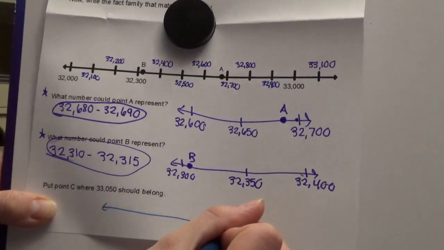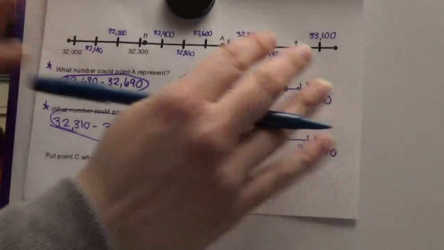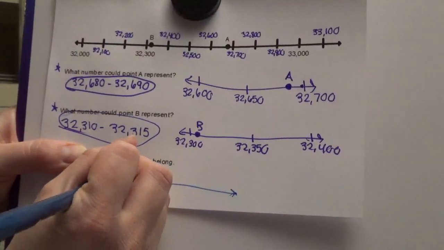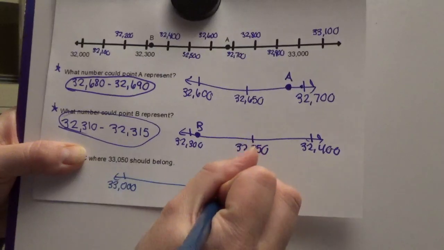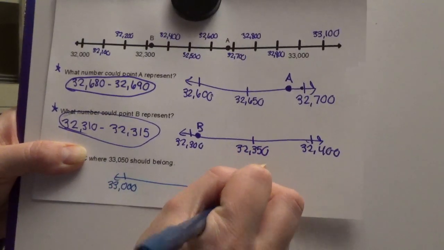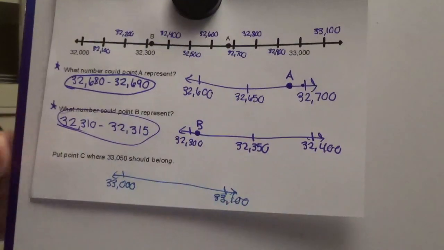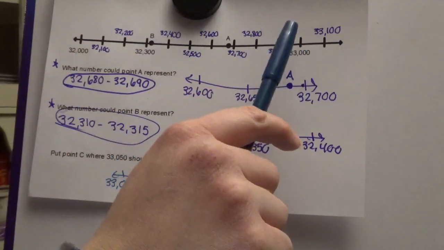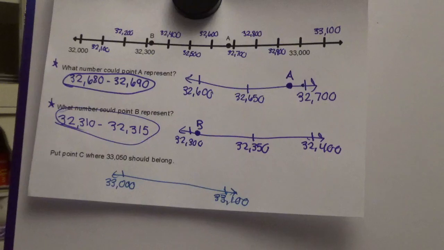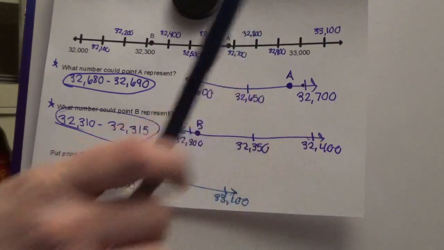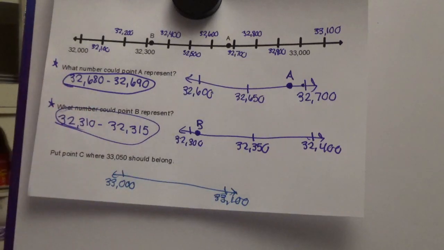Remember, they're increments of 100, so that means that I have to look at the endpoints of 33,000 and 33,100. Where do you think on this number line, remember this is just zoomed in a little bit, 33,050 should go?